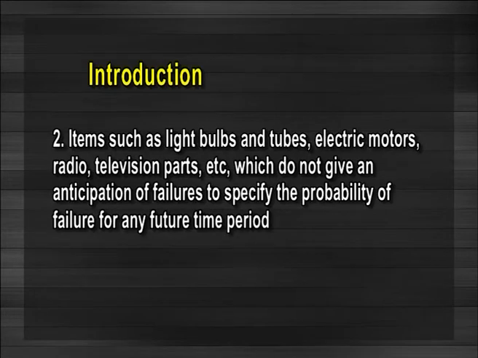Second, items such as light bulbs and tubes, electric motors, radio, television parts, etc., which do not give an anticipation of failures, so we specify the probability of failure for any future time period.